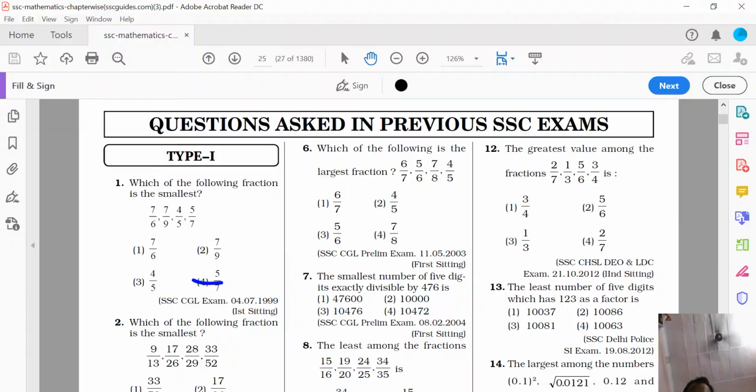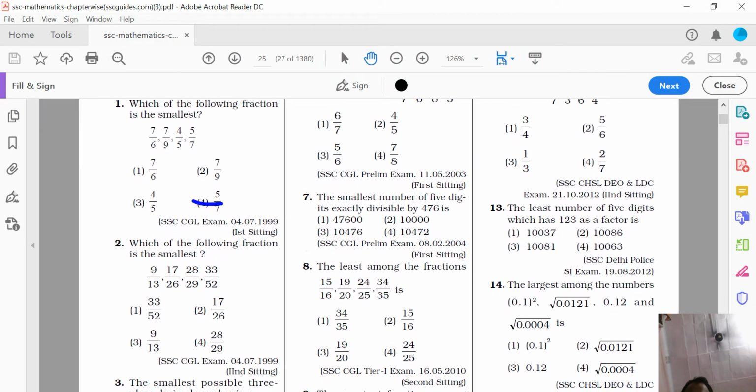Let's pick another problem. So let's come to problem number 7.